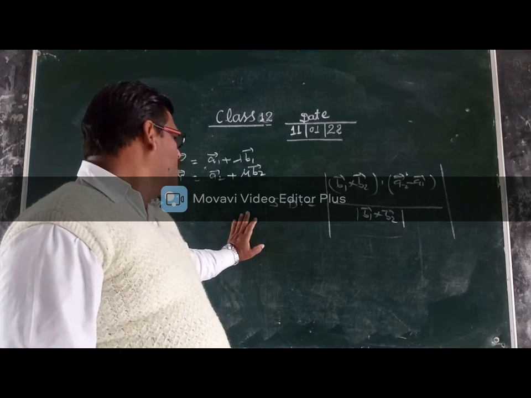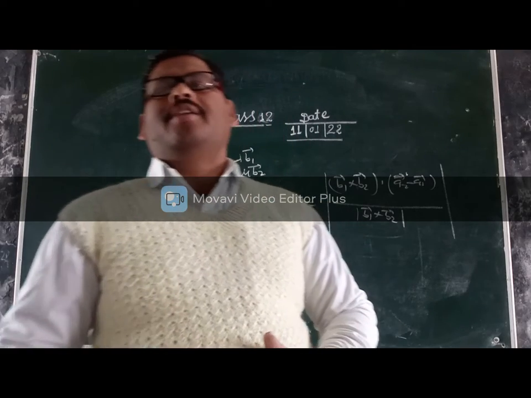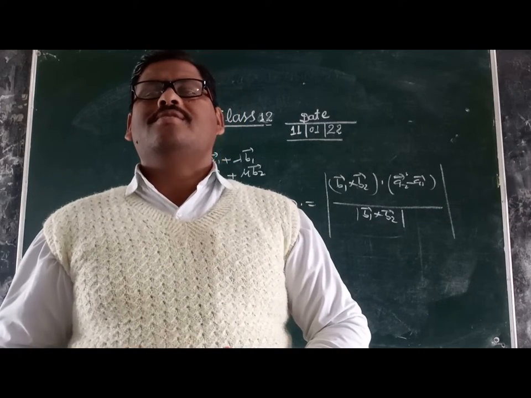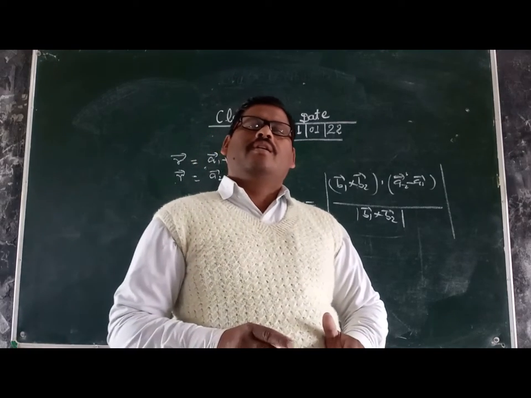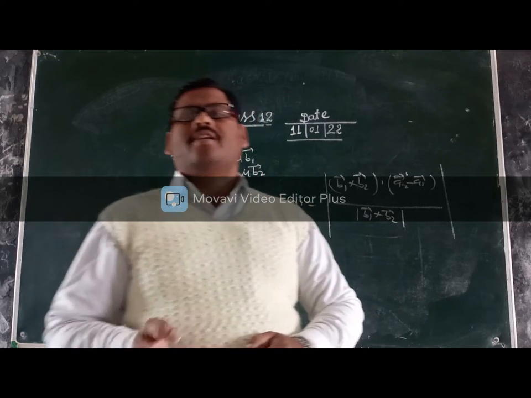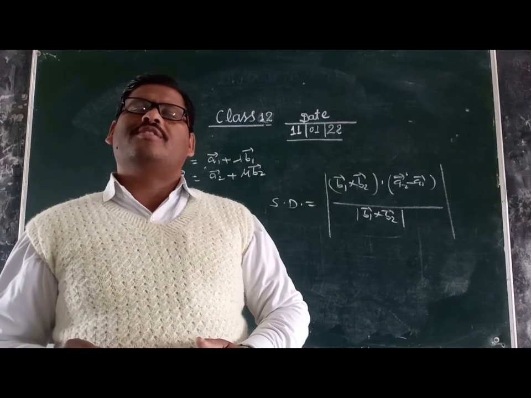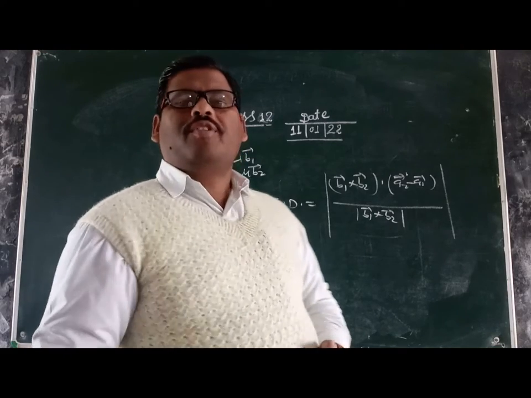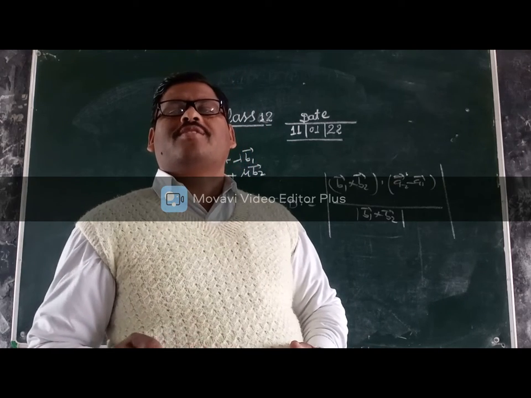It means that to find the shortest distance between two lines, you have to examine whether the given lines are intersecting lines, parallel lines, or skew lines. There are three conditions. In the first condition, the intersecting case, the shortest distance between the lines will be 0. The second condition is the parallel case. When the given lines are parallel to each other, you can find the shortest distance by the formula mod of vector b cross (a2 minus a1), divided by mod of vector b.